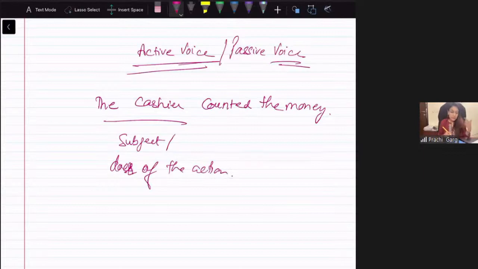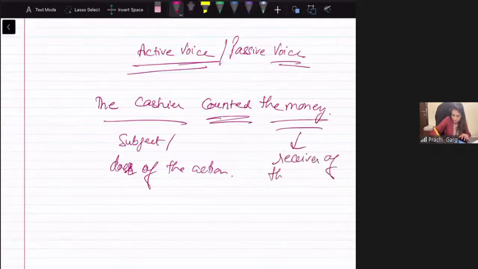He is the one who's doing the action, right? Then there is a verb that is in past tense, and then we have the receiver of the action. Am I clear? Yes. This is the active voice.